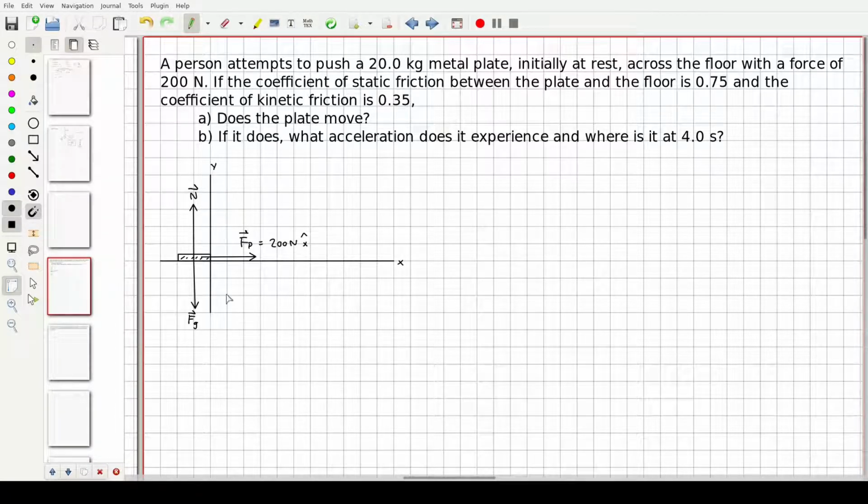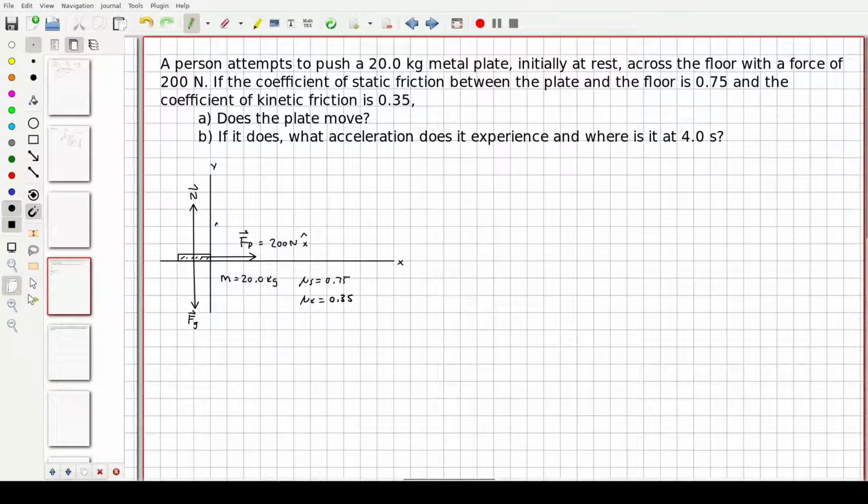Now the mass of the plate here is 20.0 kilograms. This would be a 45-pound plate if you've ever gone to the gym. Now, the coefficient of static friction here is 0.75, and once it gets moving, you have a coefficient of kinetic friction that looks like 0.35.